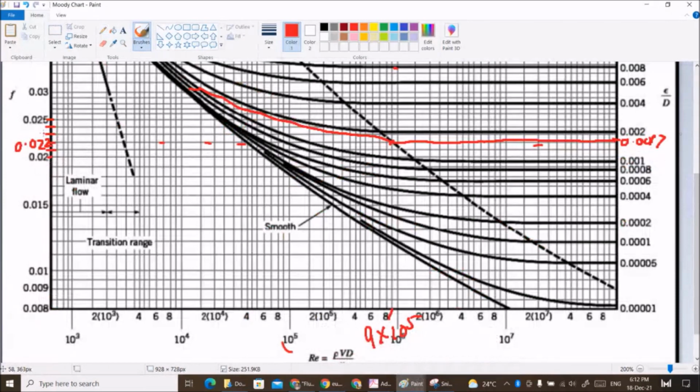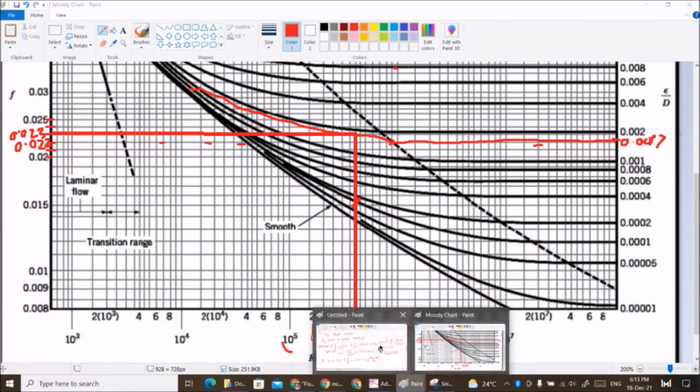So 0.023 here, 0.023. So I will draw the line from this and shift, yes, here. Then I will draw the line, it is touching here around near about 4. So Reynolds number is 4 into 10 to the power 5.